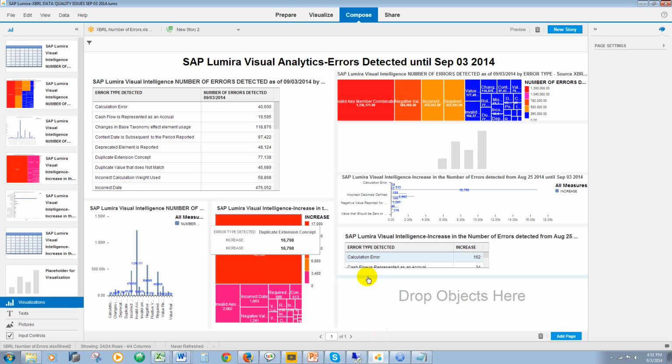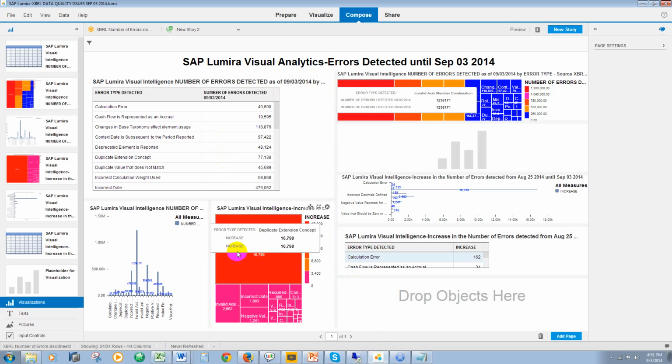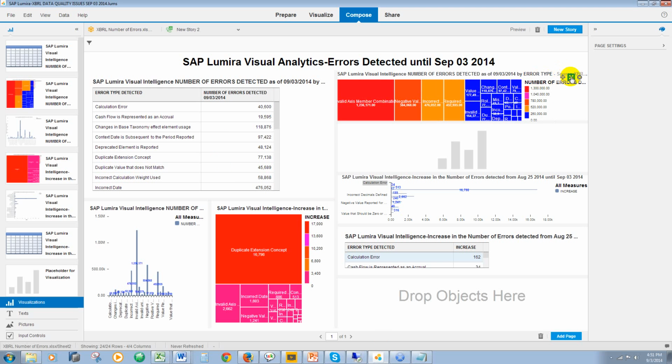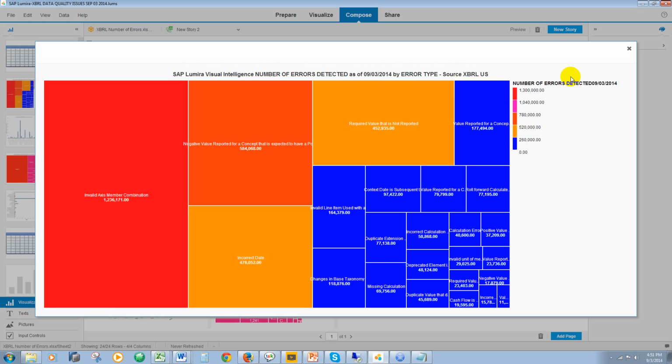Let's look at one of these charts, the tree map, and let us pick this one. So we are seeing the SAP Lumira Visual Intelligence tree map.